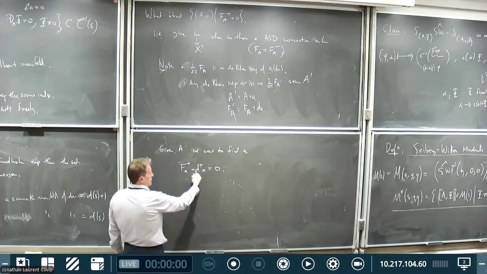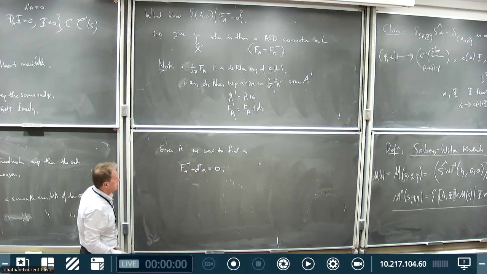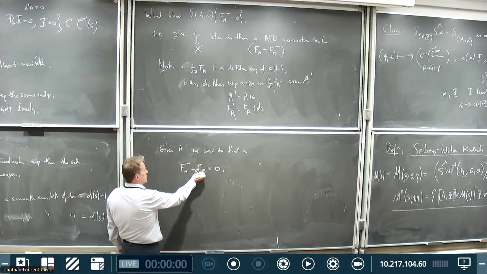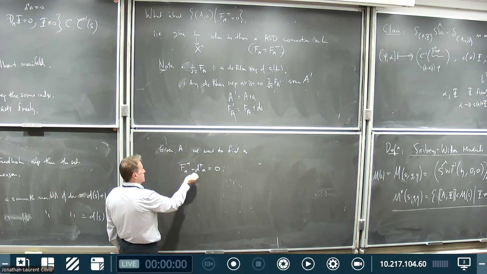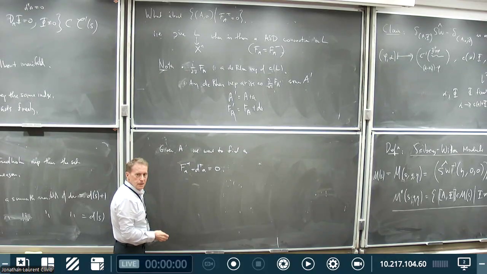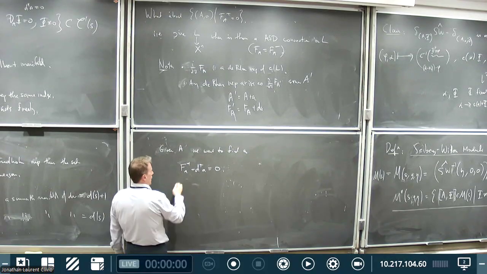And this is a kind of Fredholm alternative situation. What we're asking, therefore, is whether F_A plus is in the image of B plus. Right? And how do we test that?